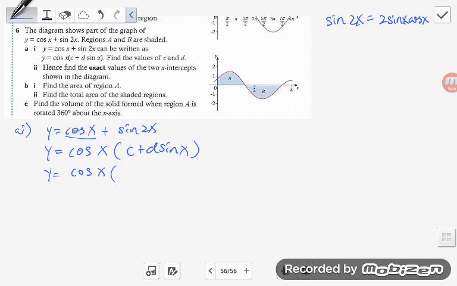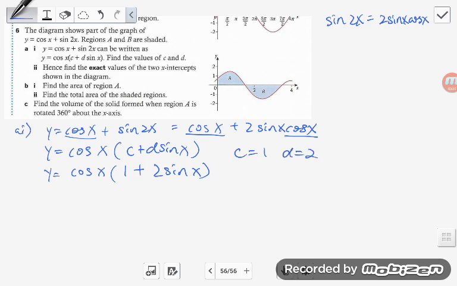So I can write cosine x plus 2 sine x cos x. If I take out the cos x, I will have cosine x multiplied by 1 plus 2 sine x. So my c is equal to 1 and my d is equal to 2. That's my A part 1.